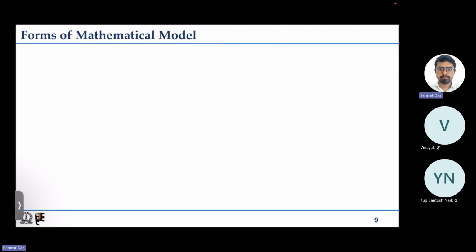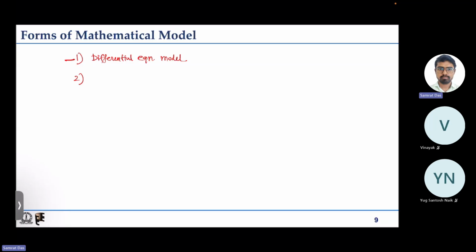Next, we also briefly touched upon the different forms of the model. The differential equation model is one way to represent a system mathematically.